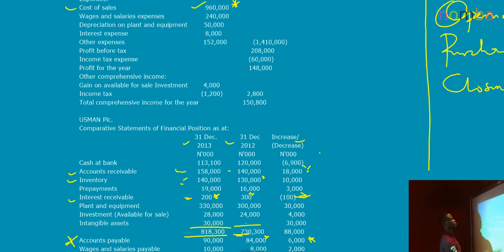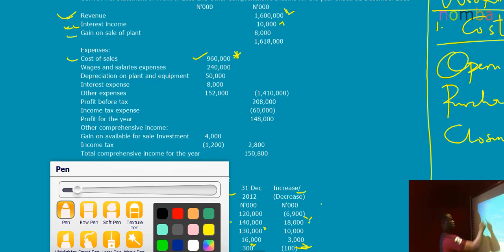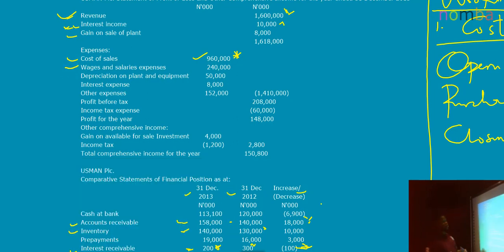Okay, let's go back to the question. We pick the next item, and the next item here is wages and salaries. Wages and salaries in this current reporting period was 240,000, and that is the amount of wages that was expensed. Have we paid the whole of this 240,000?